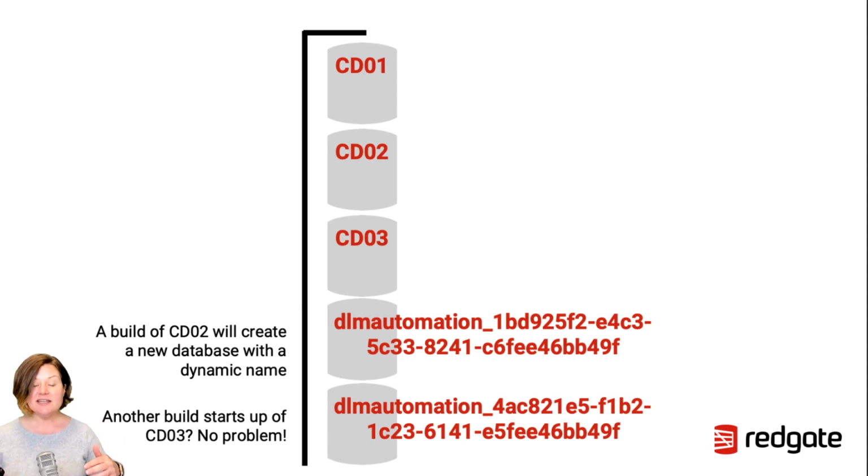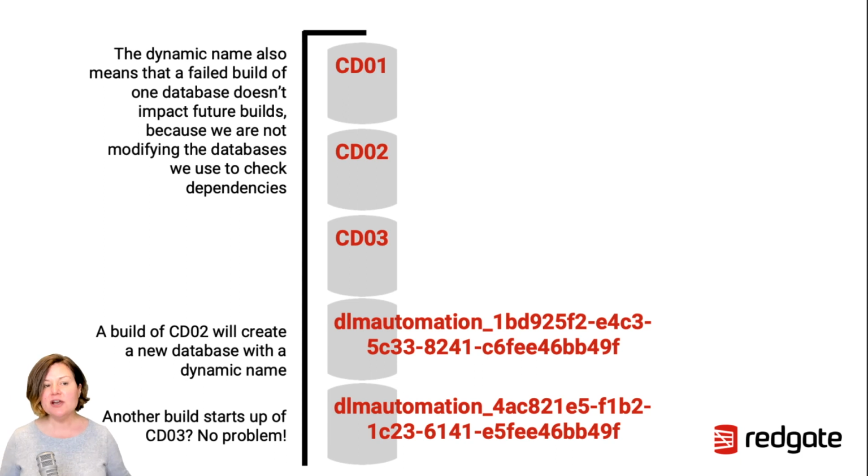It can coexist and it can satisfy any dependencies it has with the databases on that instance. So the dynamic name is very, very useful. And it means that I am not modifying anything in that family of databases that already exists on the instance. We can run multiple builds at the same time.